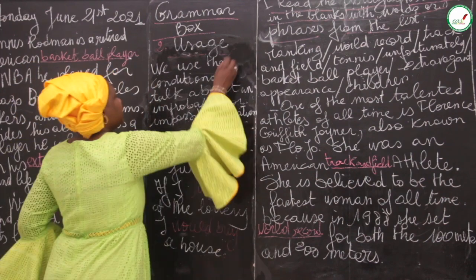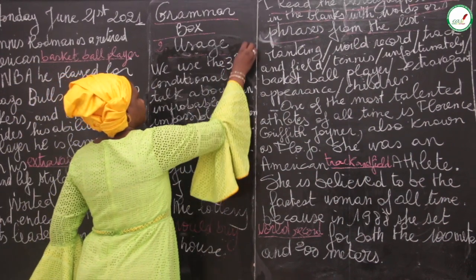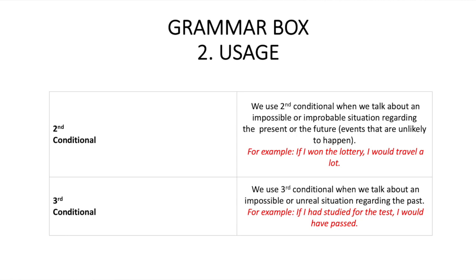Now we use the third conditional to talk about an improbable or impossible situation in the past.